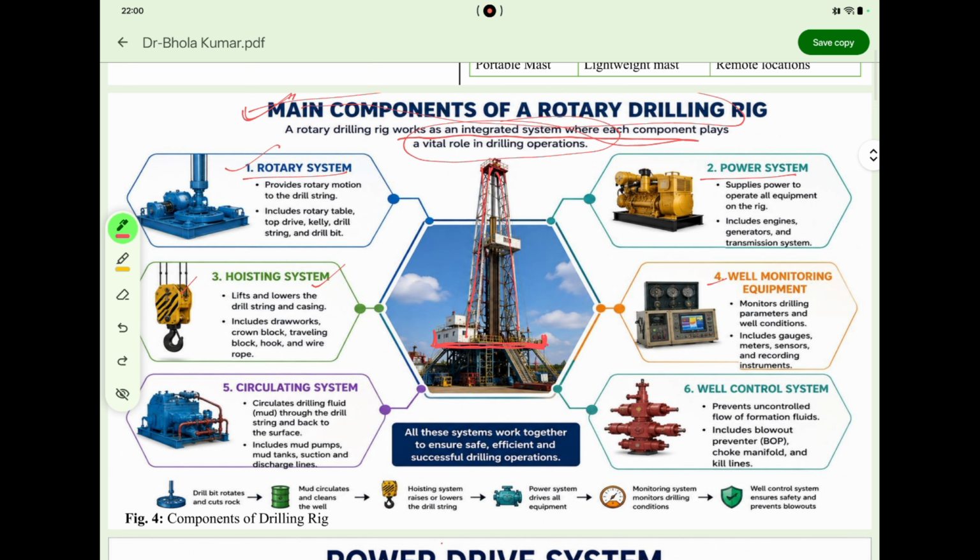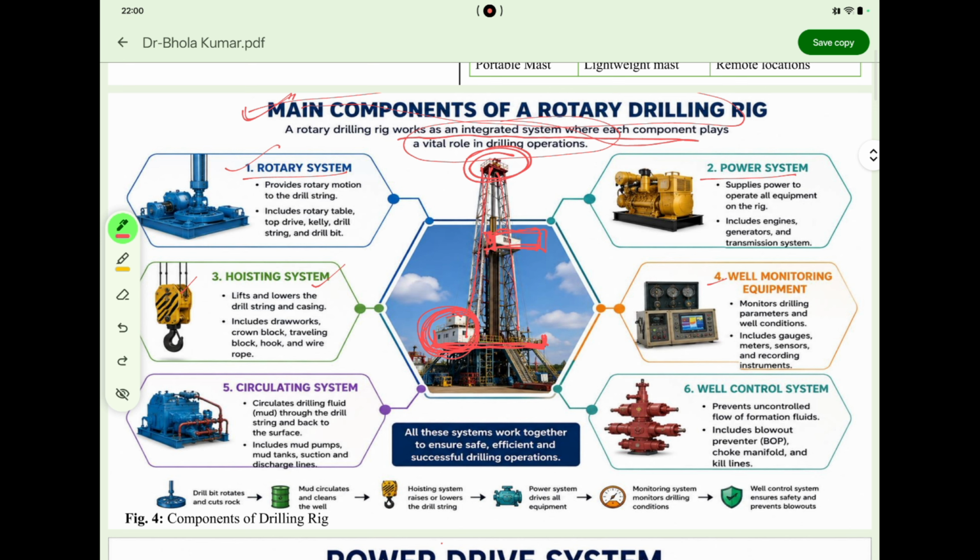Derrick, sometimes they call it mast, sometimes mobile, portable, right? And this is called the crown block over here. This particular place is called the monkey board, right? And here you can observe the white boxes; this is called the dog house, right? So there are many pictures we are going to talk about.